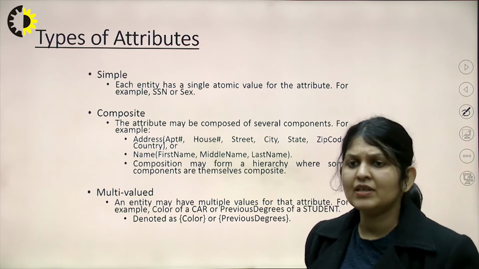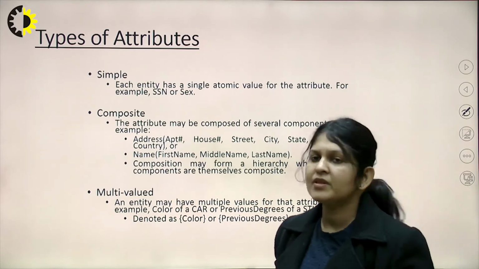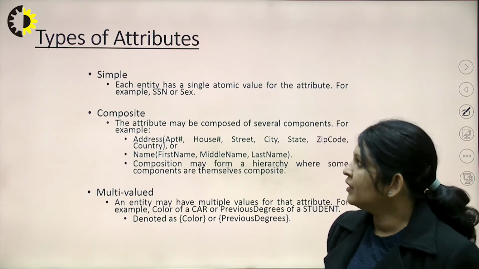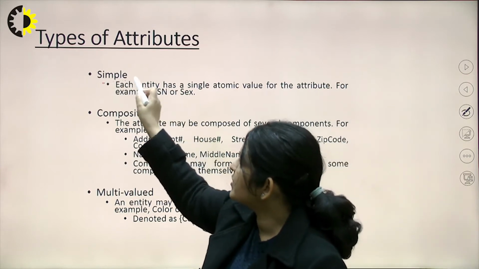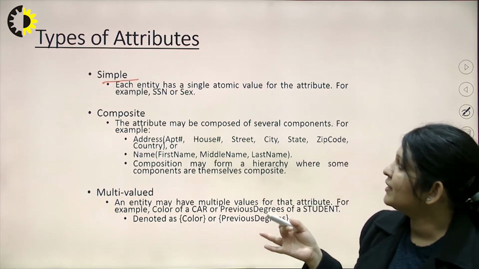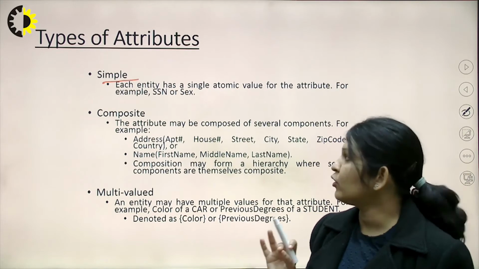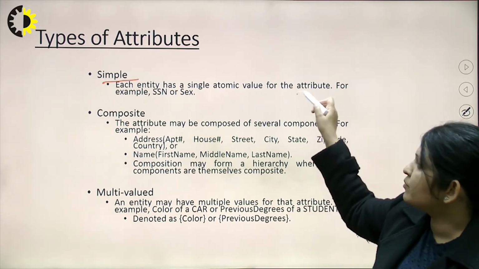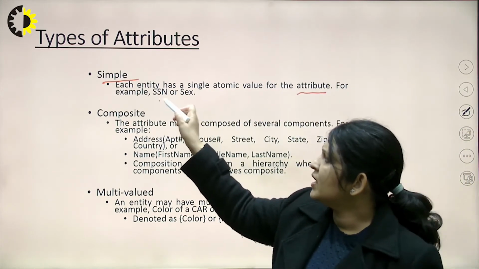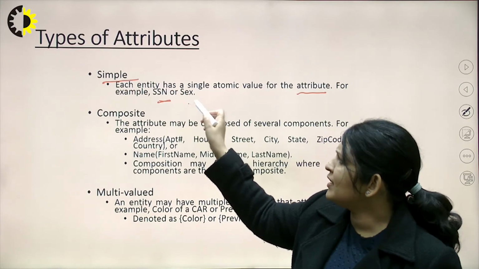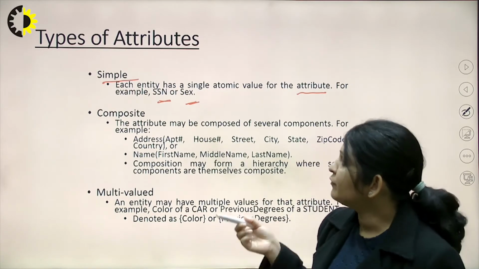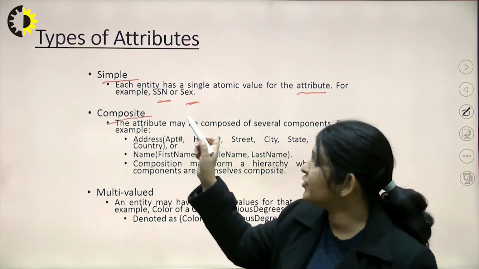Then let us look at the various types of attributes that we can represent for any particular entity. We can have simple attributes, that is the entity can have single atomic values for the attribute. For example, SSN number or female, male, a person can be a male or a female. Then composite attributes.